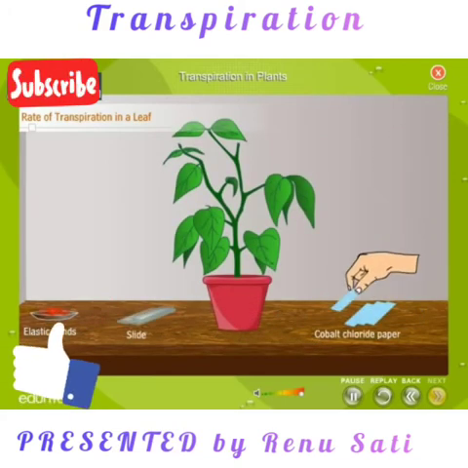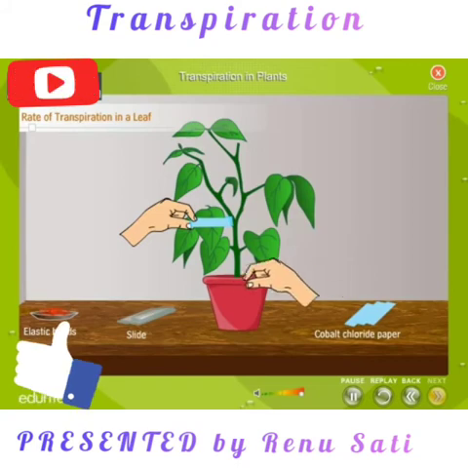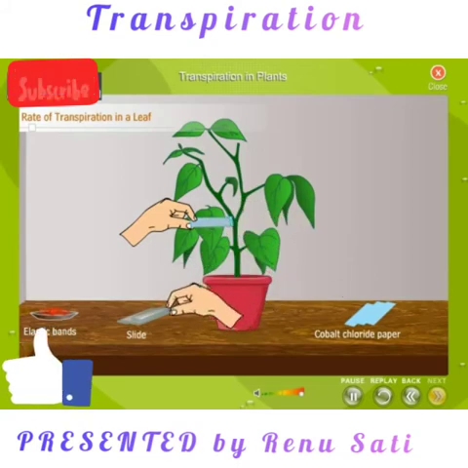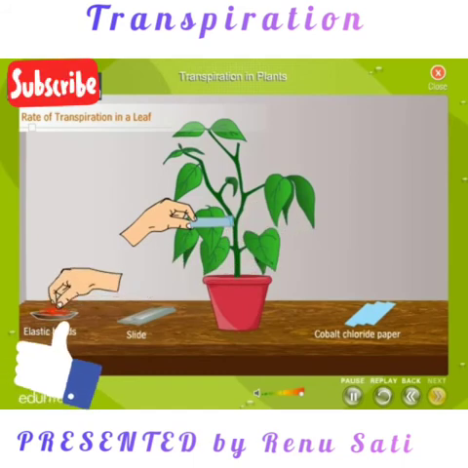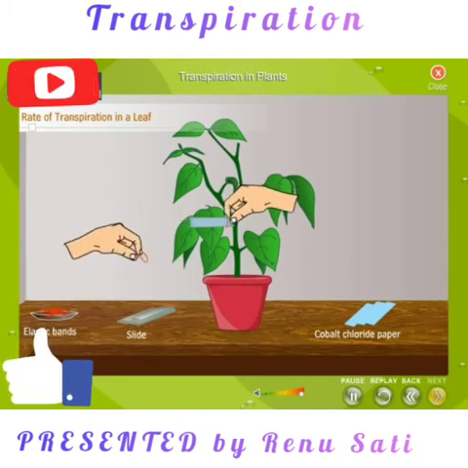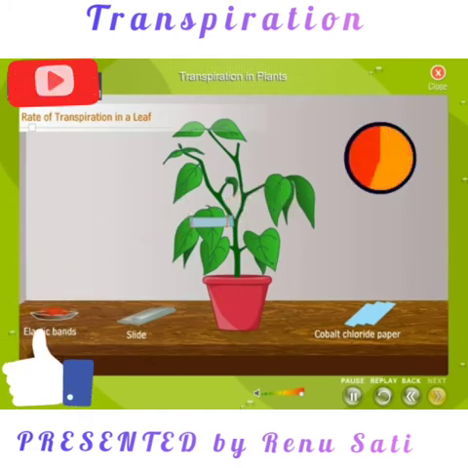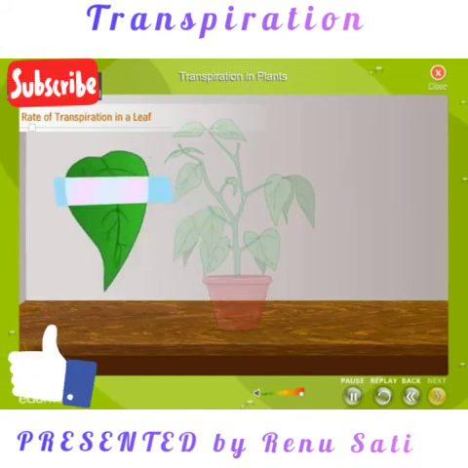Now fix that cobalt chloride paper on both surfaces of the leaf, and we will find that on the upper surface of the leaf the cobalt chloride paper does not change, while on the lower surface it changes to pink color, showing that more transpiration is taking place through the lower surface.